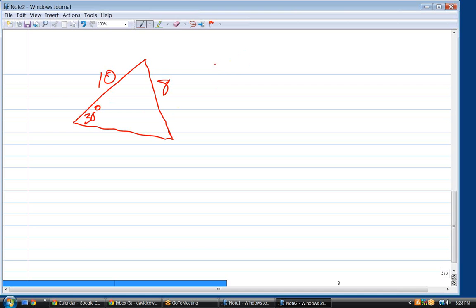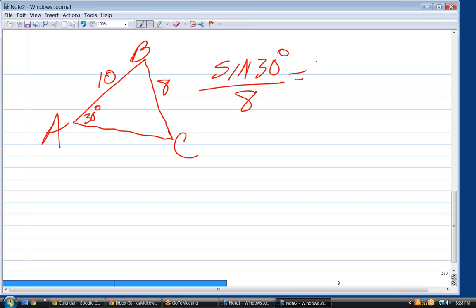I can say that the sine of 30 degrees divided by 8 equals the sine of c divided by 10. So let's solve for c.